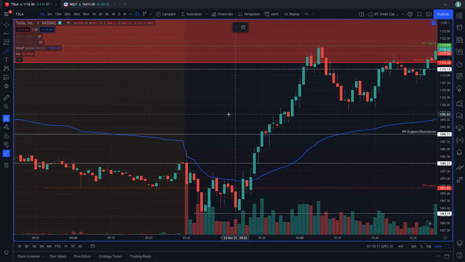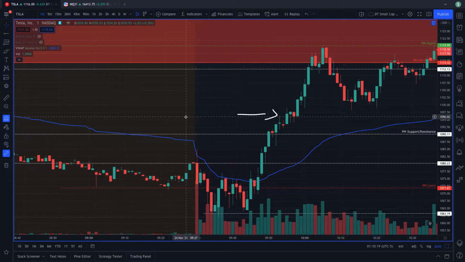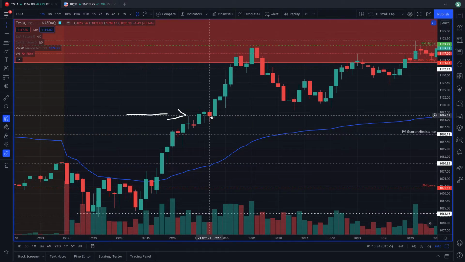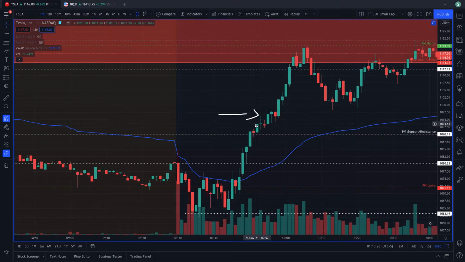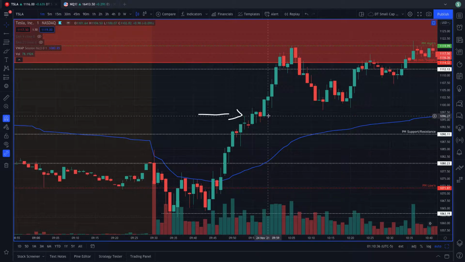I entered around this area here. Why so late? Honestly, I could have had an easy entry here at 1093. I don't know. I think I was looking at NQ and I wasn't paying enough attention to Tesla. But anyways, you can see I had the whole move up.